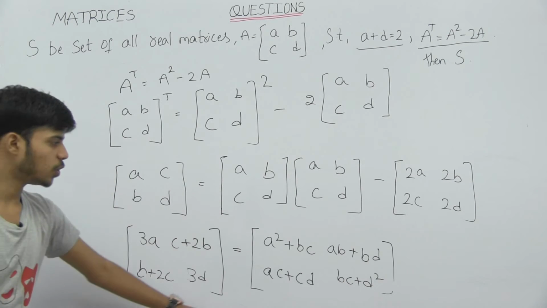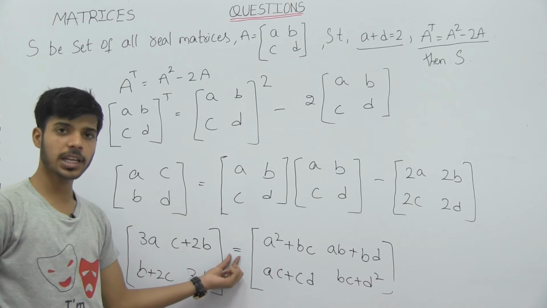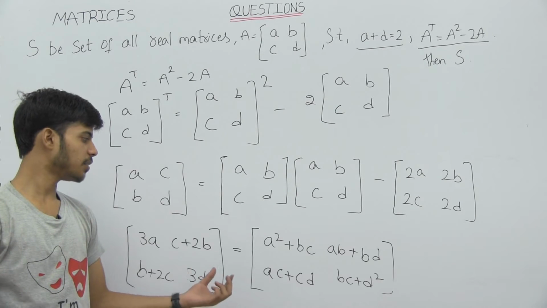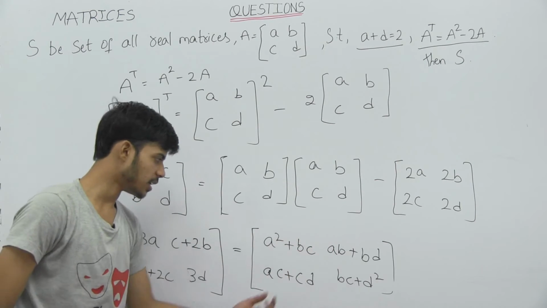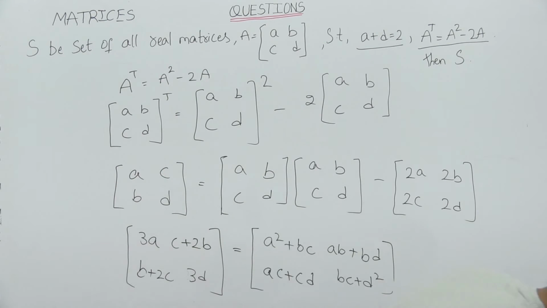Now we have two matrices which are said to be equal. So two matrices are equal when their corresponding elements are equal. So let's equate the corresponding elements.